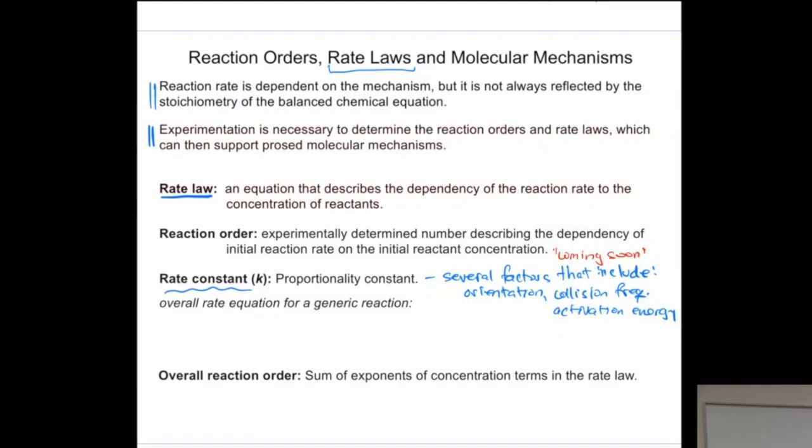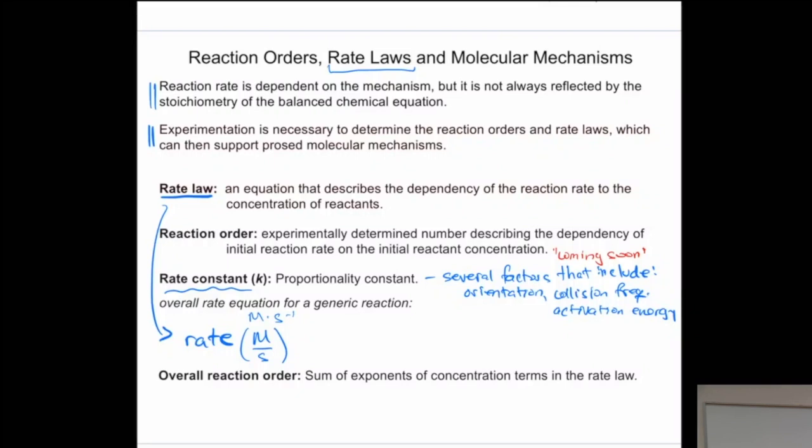And so when we derive a rate law, okay, the rate law looks like this. We're going to say the rate of a reaction, and the rate, by the way, is always measured in molarity per second. By the way, sometimes you'll see that as molarity times second inverse. You should get used to seeing units written this way as well. It's the same thing.